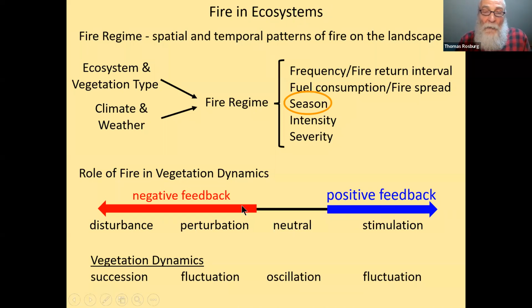And as you can see, we're talking about a negative feedback here in terms of effect on the vegetation, but you always have to think about negative and positive in some context, because depending upon what you're talking about, you can look at a fire effect as being a positive outcome, positive feedback.